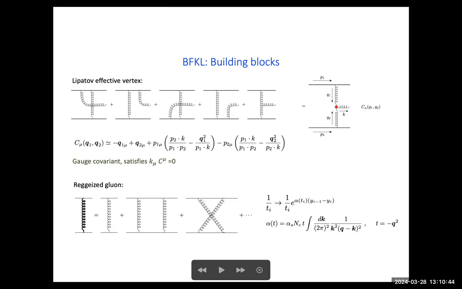So the answer to your question, actually, is that this has an infrared divergence, which depends on the scale in the theory. But when you actually calculate total cross sections, it's cancelled.